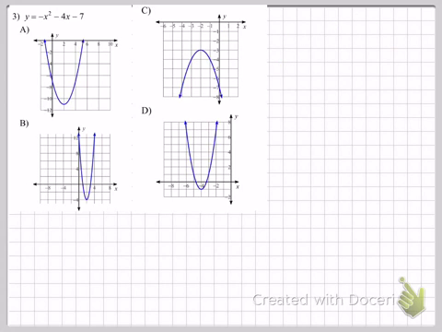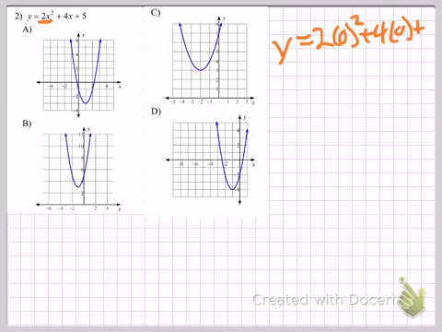Alright, so 0 squared is 0, 2 times 0 is 0, 4 times 0 is 0, plus 5. So our y-intercept is going to be at 5.